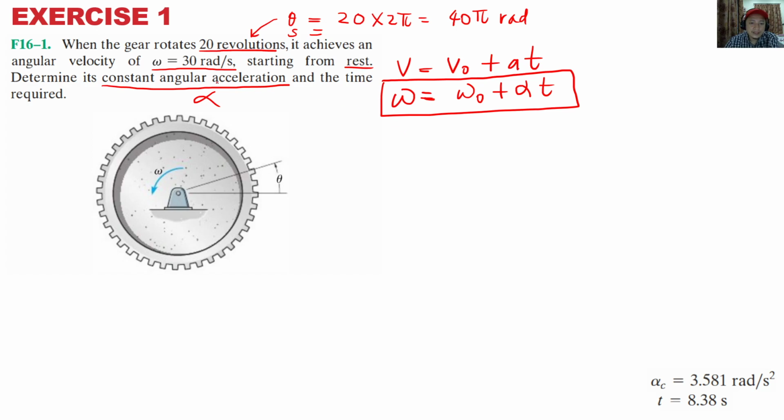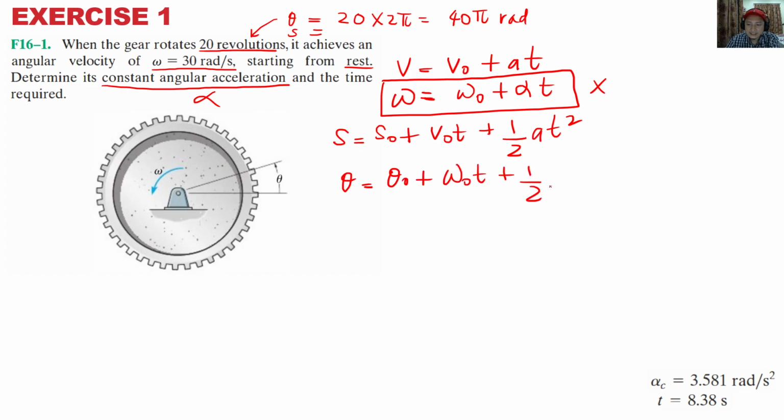So this is theta, right? I don't have theta information here. No theta information. Maybe the next formula. S is equal to S naught plus V naught t plus half a t squared. So this one becomes theta is equal to theta naught plus omega naught t plus half alpha t squared.